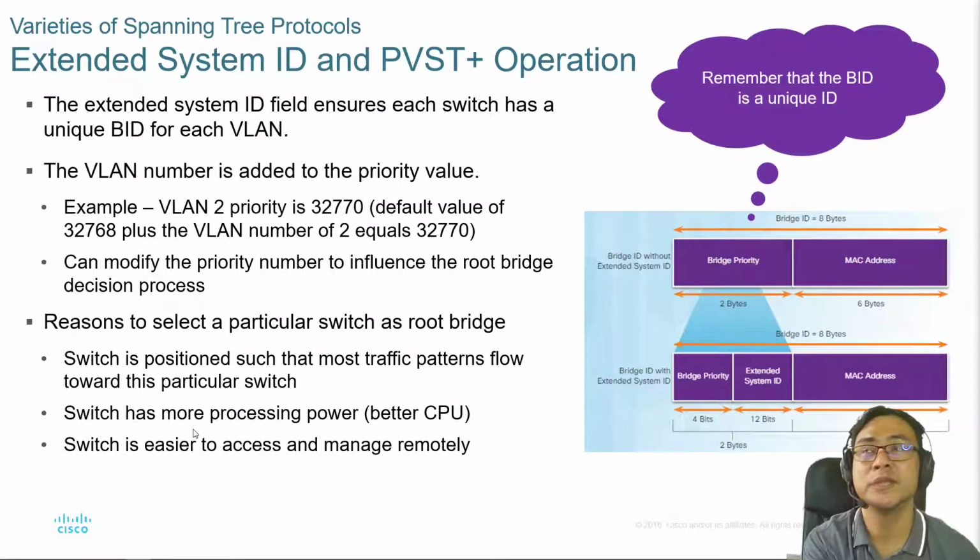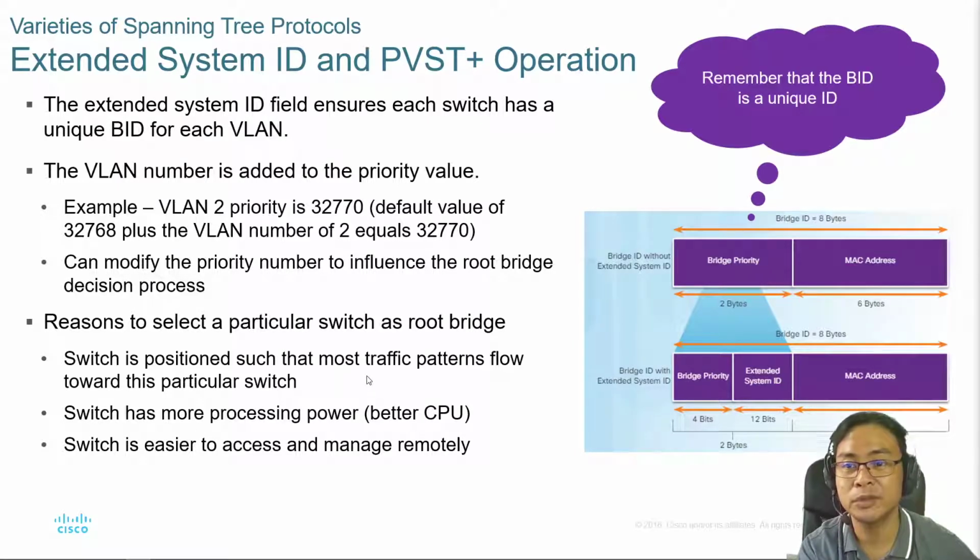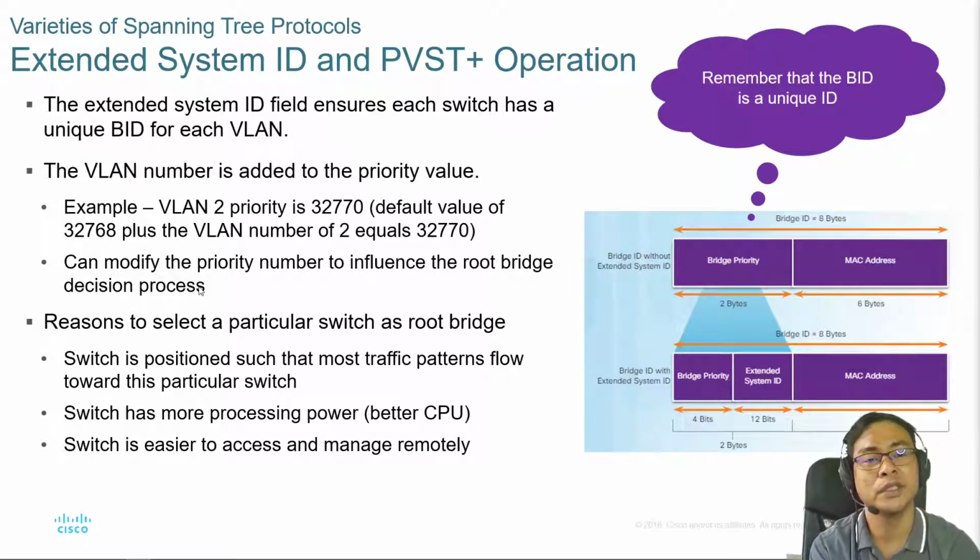And maybe because of the numbering of the VLANs, the switch you expected to win falls under the lower criteria, then most probably you'll worry and want to adjust the priority ID so that the switch in a strategic position wins. So at that time you need to adjust the priority so that it wins.